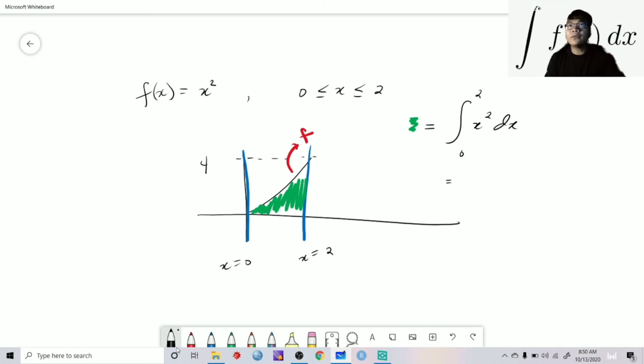So we evaluate this. We have x cubed over 3, evaluated from 0 to 2, so we have 8 over 3.